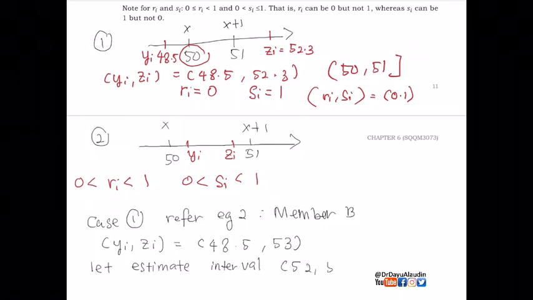Let's say the interval estimate is 52 and 53. Determine ri and si for member B.